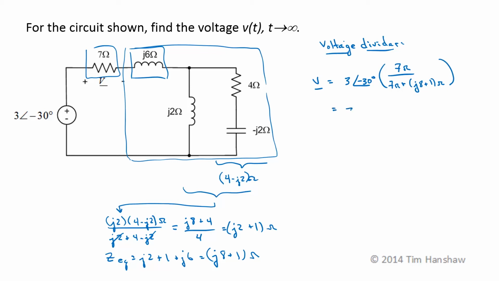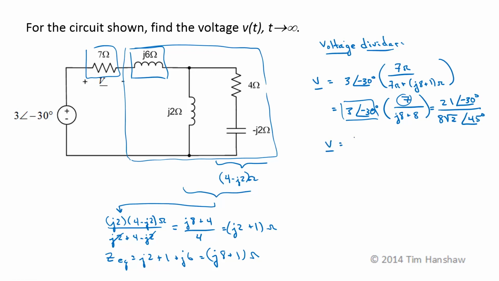That becomes 3 at an angle of minus 30 degrees times 7 over J8 plus 8, which is 21 at an angle of minus 30 degrees, multiplying this by 7, divided by the magnitude of this is going to be 8 square root of 2 at an angle of 45 degrees.